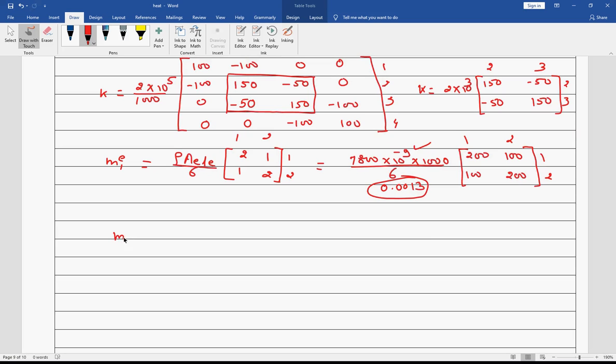So I can prepare the global stiffness, global mass matrix. Okay, and the common factor will be 0.013. Then I'll get 200, 100, 100.